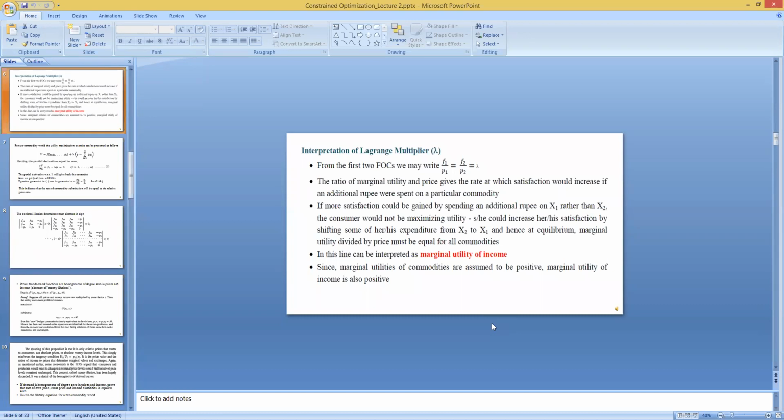Next, interpretation of the Lagrange multiplier. You will find that after doing all exercises, that is after completing utility maximization, we are trying to interpret the Lagrange multiplier. After completing expenditure minimization, again we will try to understand what is the meaning of the Lagrange multiplier in this case. Then when we handle the indirect value function, then also we try to understand what is the meaning of the Lagrange multiplier.